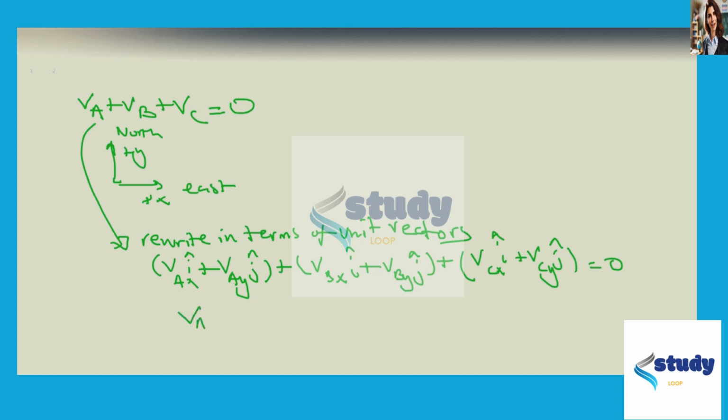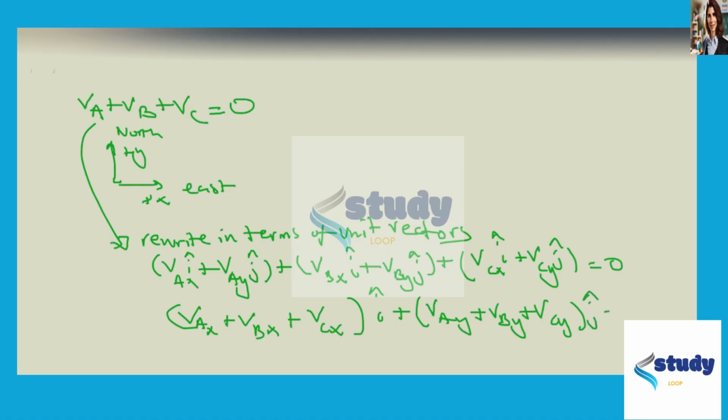Then we group them. Let's put all the i vectors together, combining them, and then put all the j vectors together, combining them. This simply means that if you add two things and their value is 0, then this expression is 0 and that expression is 0.